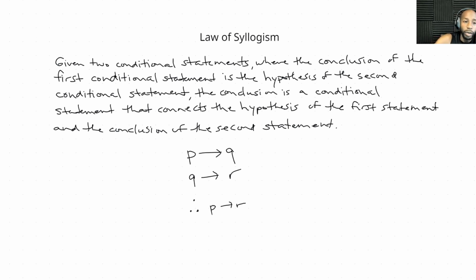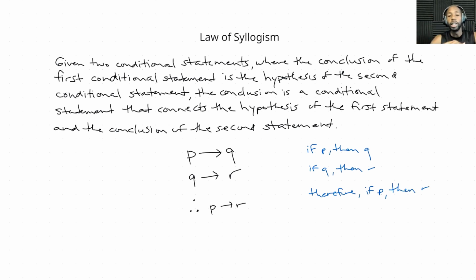So if we were to write this in words, if P then Q, and if Q then R, therefore if P then R. So given that if P happens, Q happens, and that if Q happens, R happens, therefore if P happens, R happens.